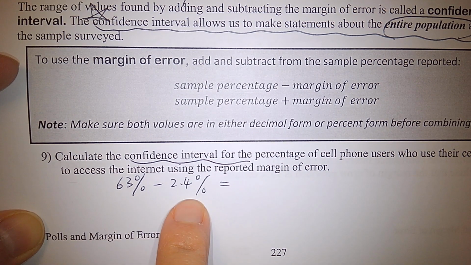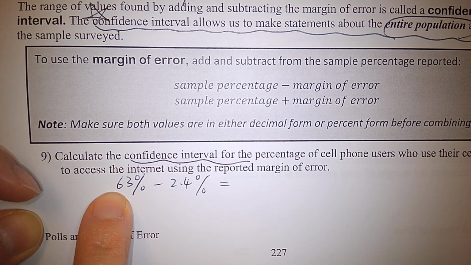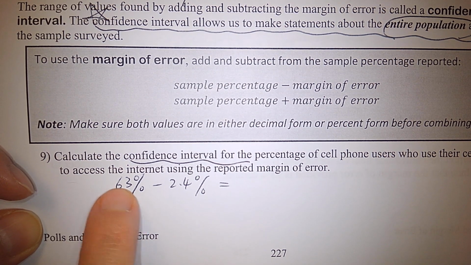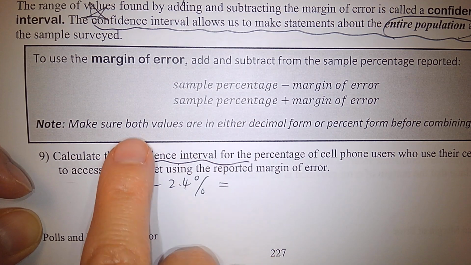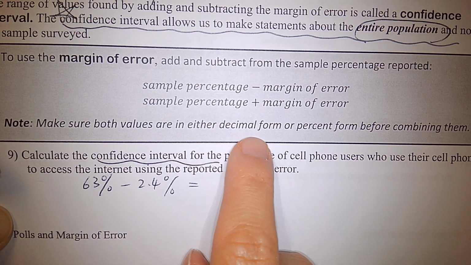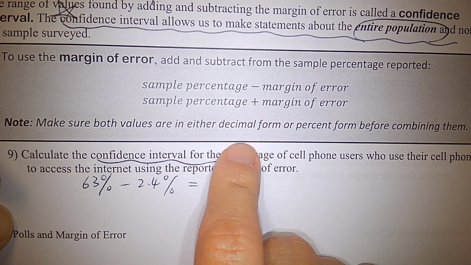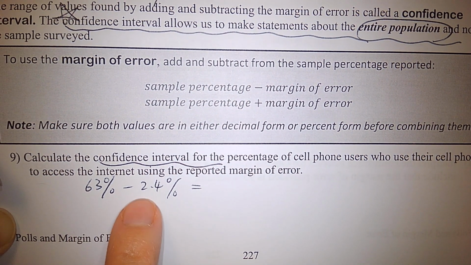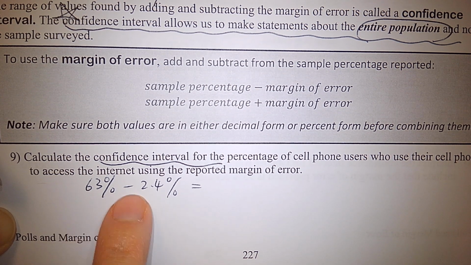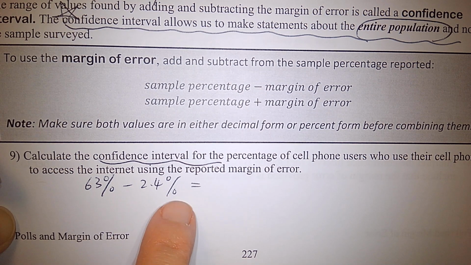I'm using percentages, but some of you are using decimal numbers, so you use 0.63 minus 0.024. When we do the calculations, you have to use either percentage or decimal form; make them consistent. It's not 0.63 minus 2.4. No, it's 0.63 minus 0.024, or 63% minus 2.4%.